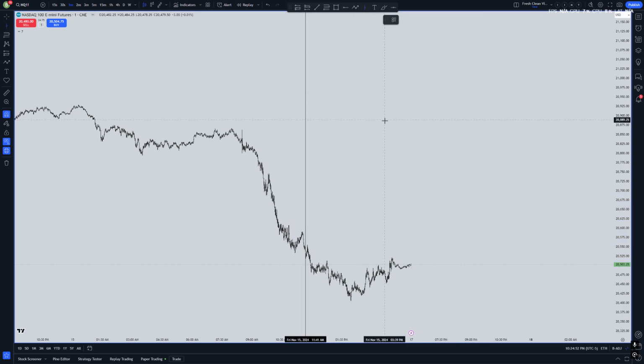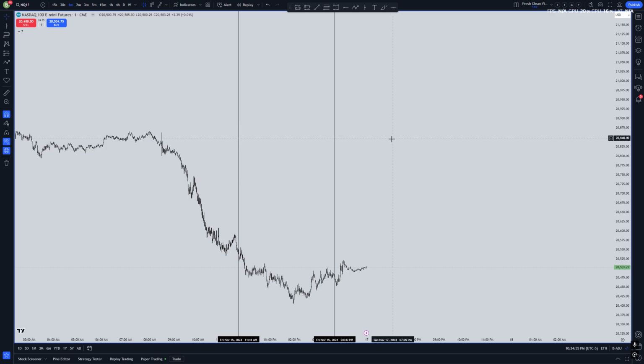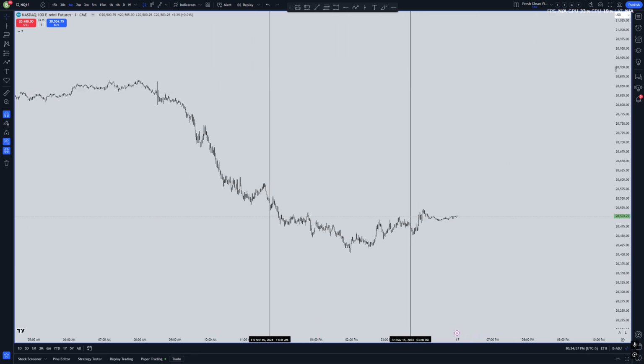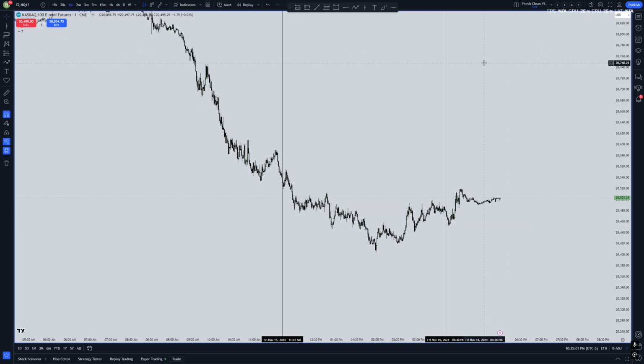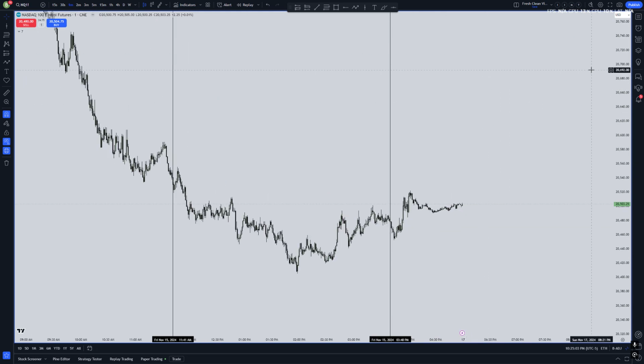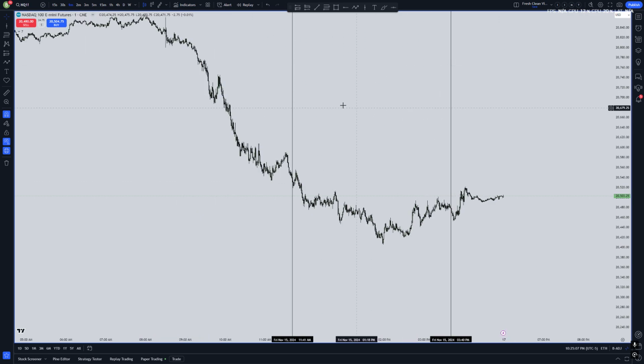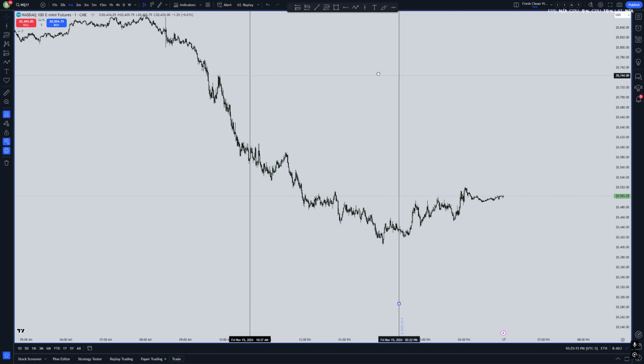The vertical lines, we just use this to frame time sometimes. Most of the time that we're going to be trading is going to be the morning. I'm going to talk about sessions in the next one, but we'll use these vertical lines to mark out sessions that we're going to be trading. Say open to 11 a.m. You draw a line at 9:30 and you draw a line at 11.